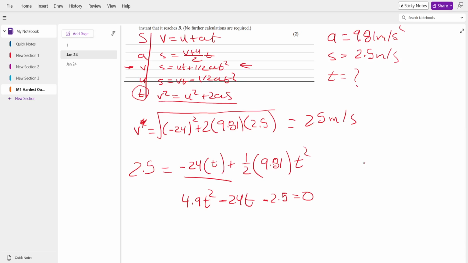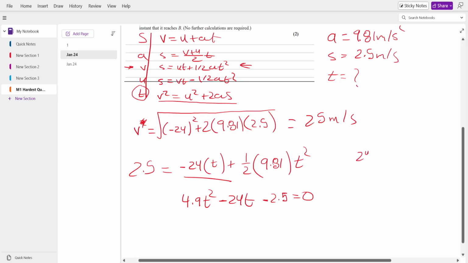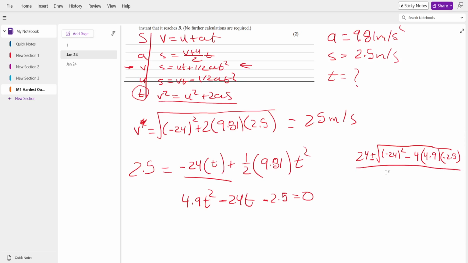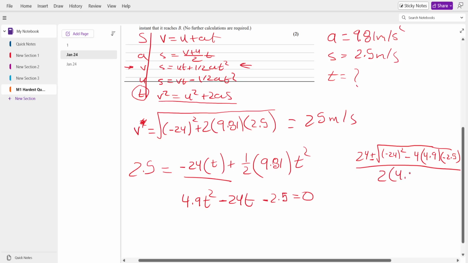So from here, I will solve this as a quadratic equation. I can use the quadratic formula, so I will use minus b, which is 24, plus or minus the square root of b squared, so minus 24 squared, minus 4 times a, which is 4.9, times c, which is negative 2.5, all over 2a, or 2 times 4.9. This is going to give me two answers.